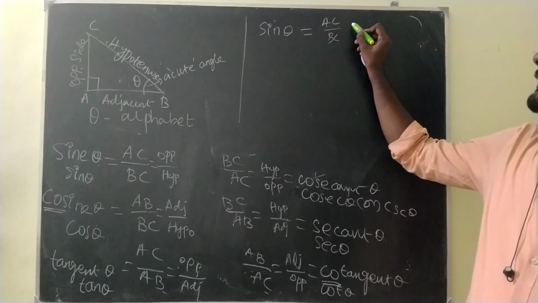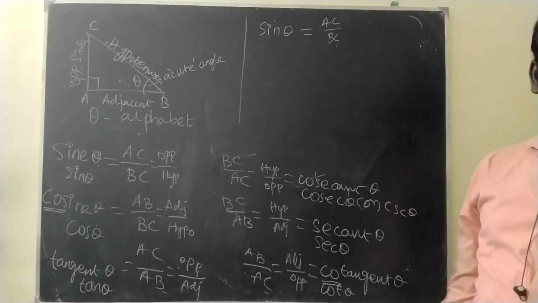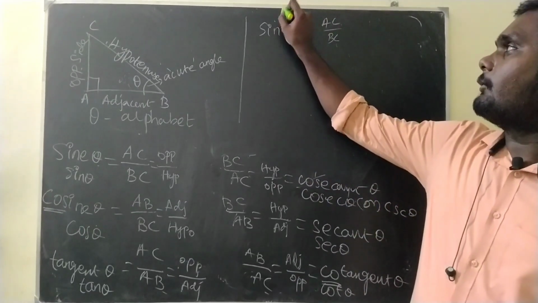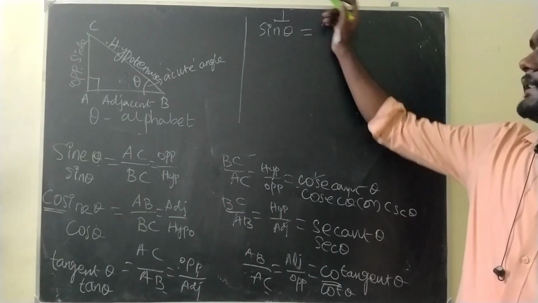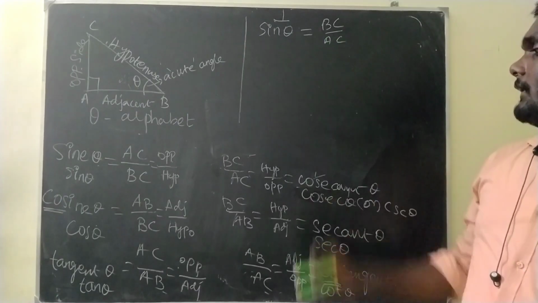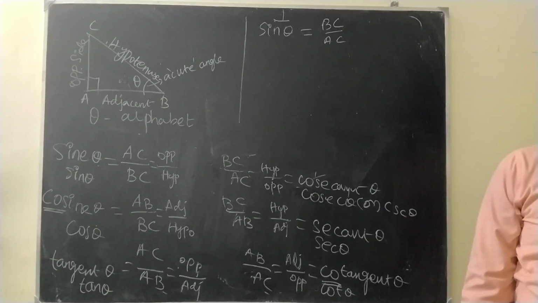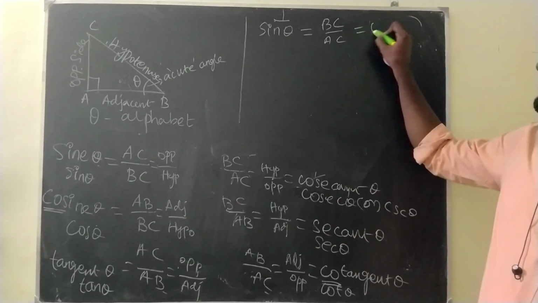This AC by BC is reciprocal of whom? If you take the reciprocal, 1 by sin theta means BC by AC. Where do you see BC by AC? Cosec.